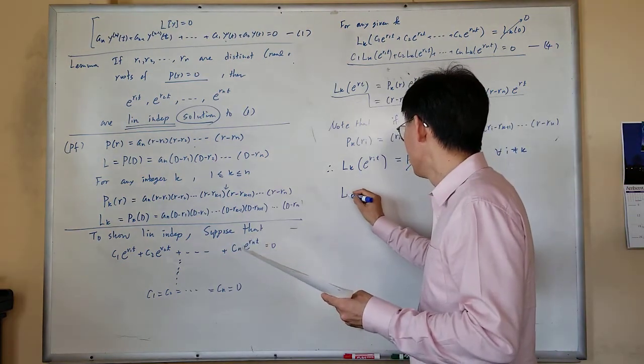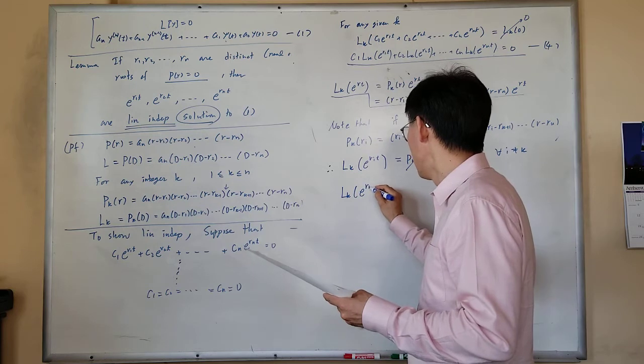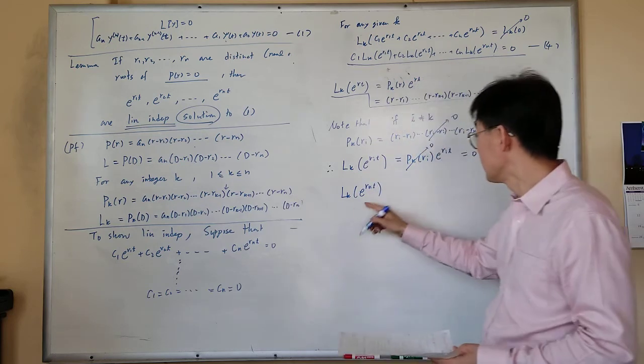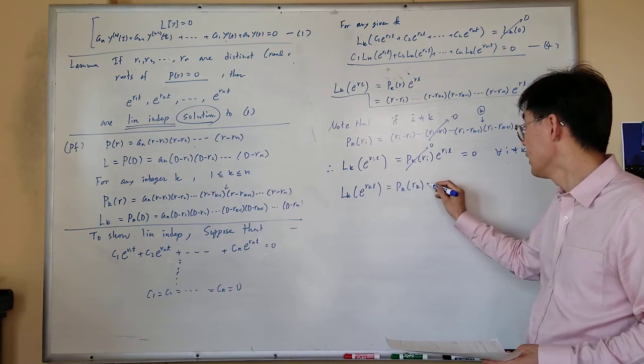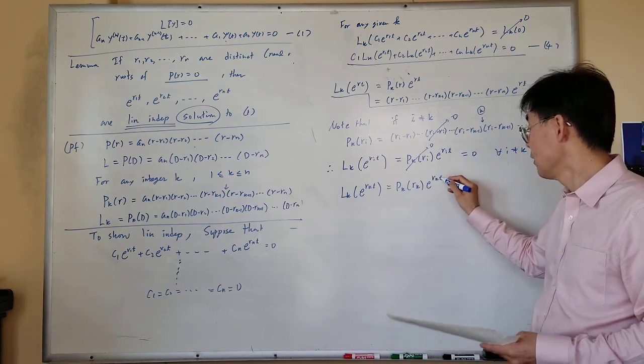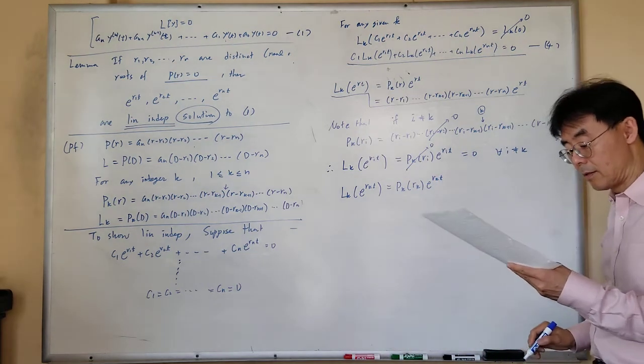But if you have an exact match, e^(r_k t), what about this? That is P_k of r_k times e^(r_k t).